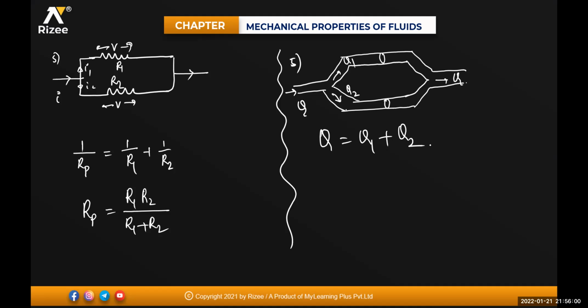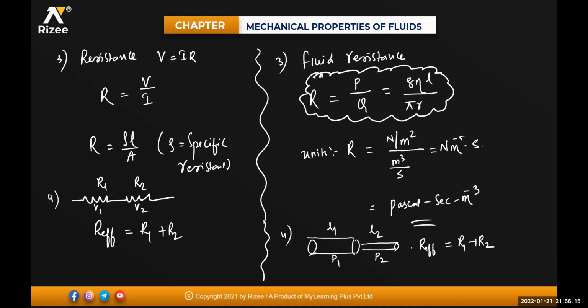Is that clear? So the resistance of the wire R1 will be equal to... R na, so not pi. What is R, beta? See here, R is equal to 8 neta.